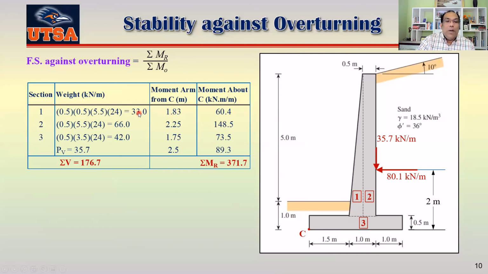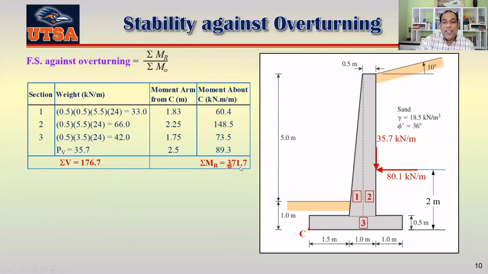So once you multiply 33 with 1.83, that's your moment. So you fill that table for the other 2 sections as well as the vertical force from the active force coming from the soil. Once you have all these 4 moments, you sum them up.